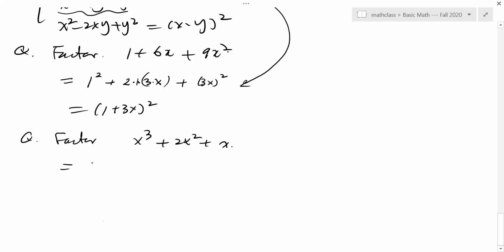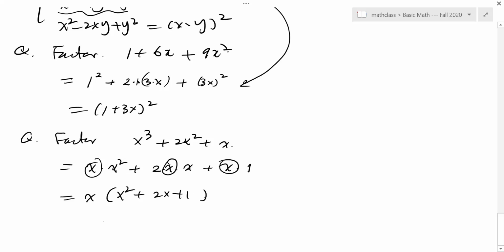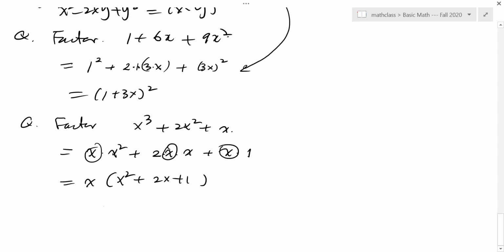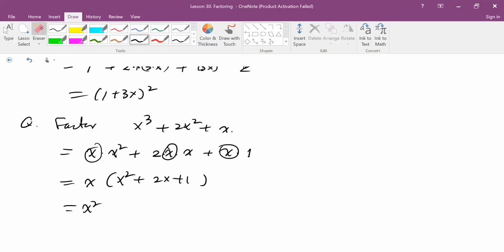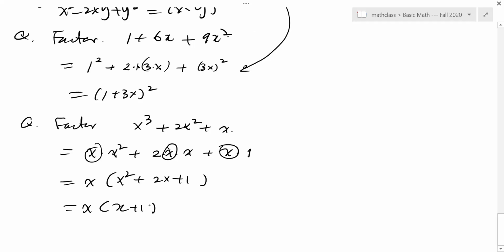Every term contains x, right? So we take x out. That will be x times x squared plus 2x plus 1. Then we use the formula. The 3 terms can be combined into 1, x plus 1 squared.